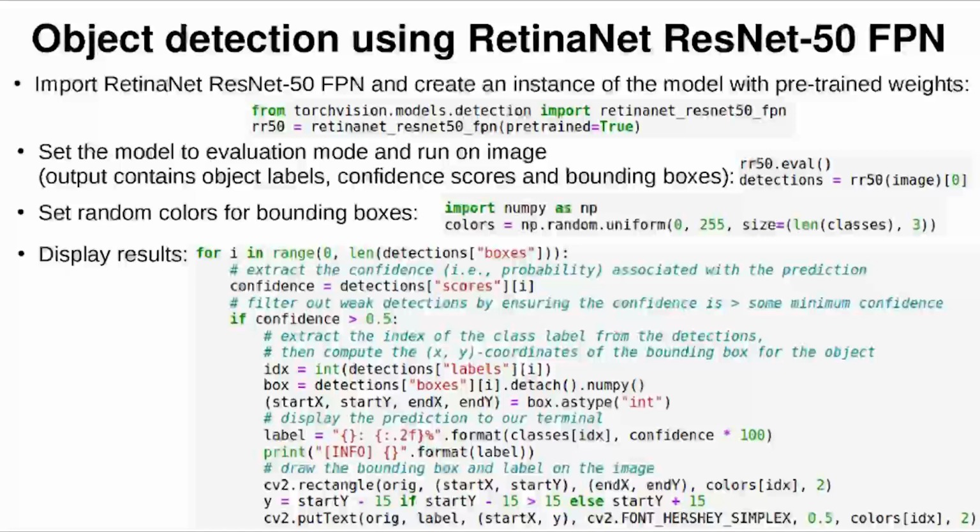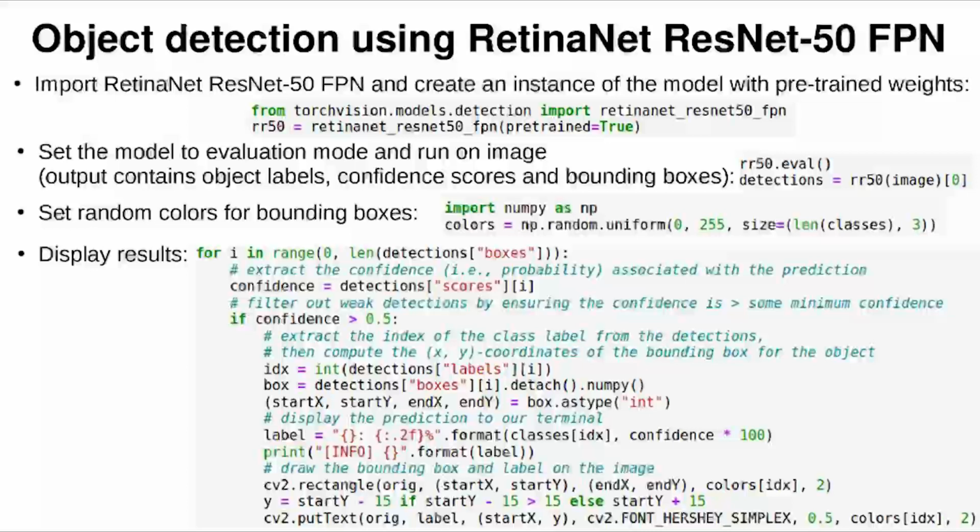RetinaNet is trained using a focal loss function to address class imbalance, the relative abundance of objects from certain classes in the training data and the relative rarity of objects in other classes. Focal loss is a modification of the cross entropy loss that adds a modulation term in order to focus learning on hard negative examples.